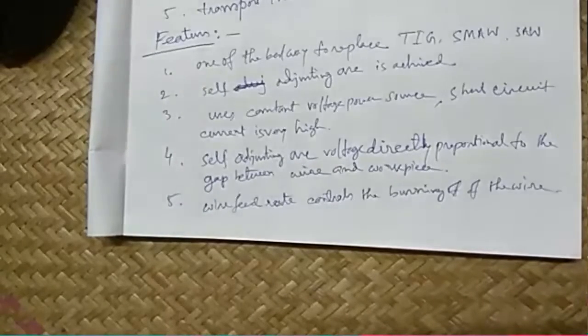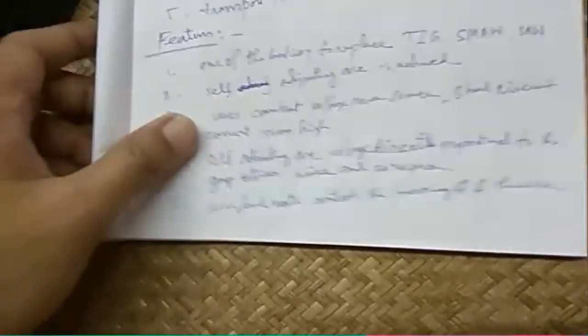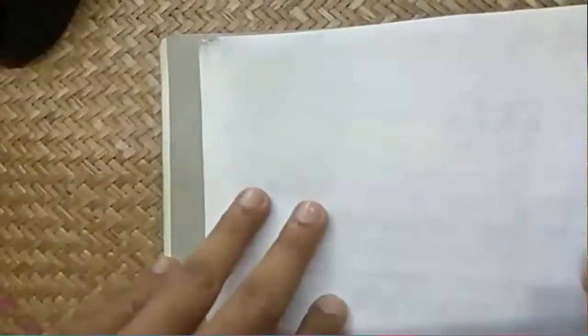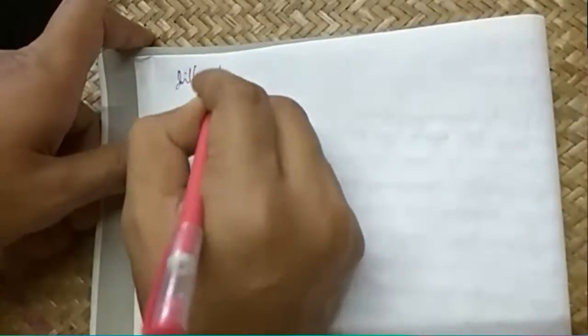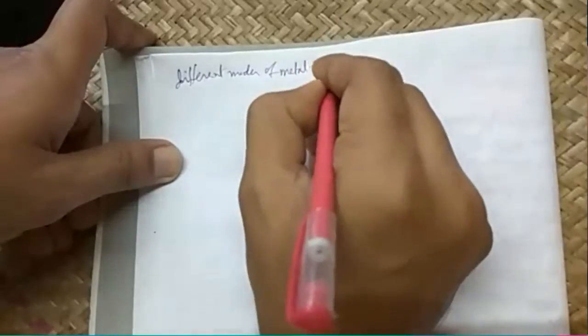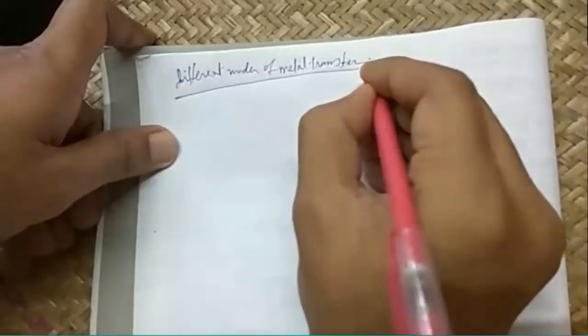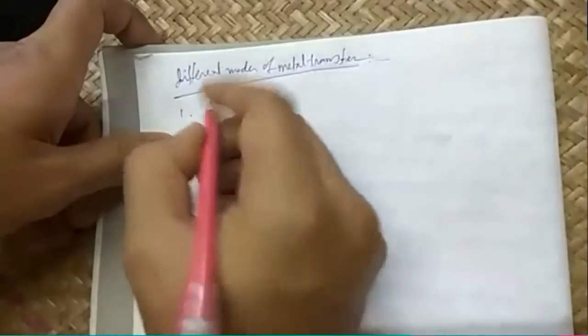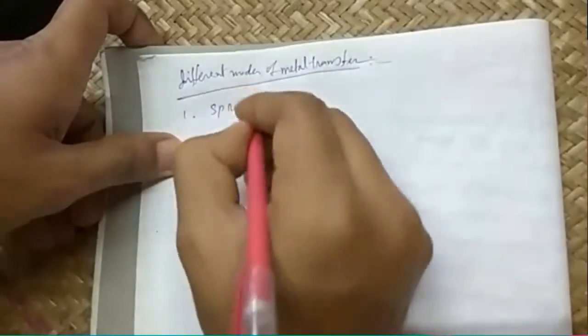Okay, so how does the metal get transferred from the electrode or the metal wire to the workpiece? So there are different modes of metal transfer. Number 1 is spray transfer.